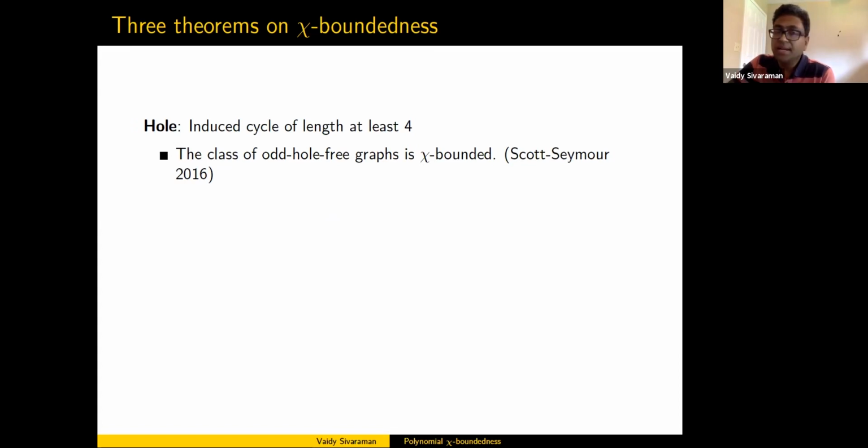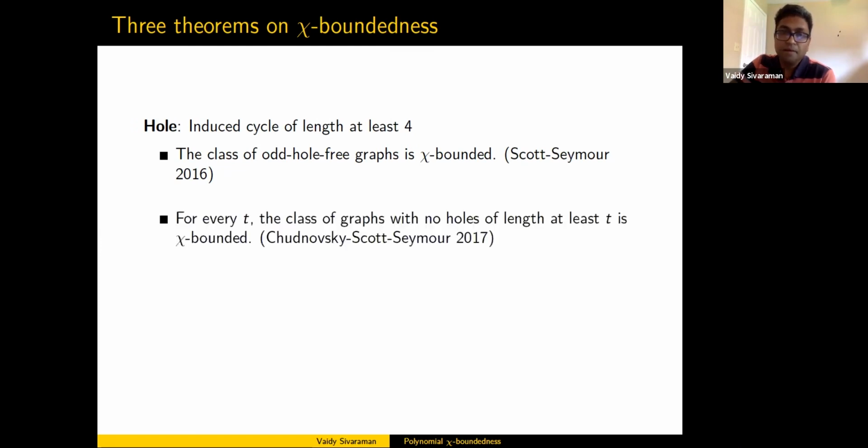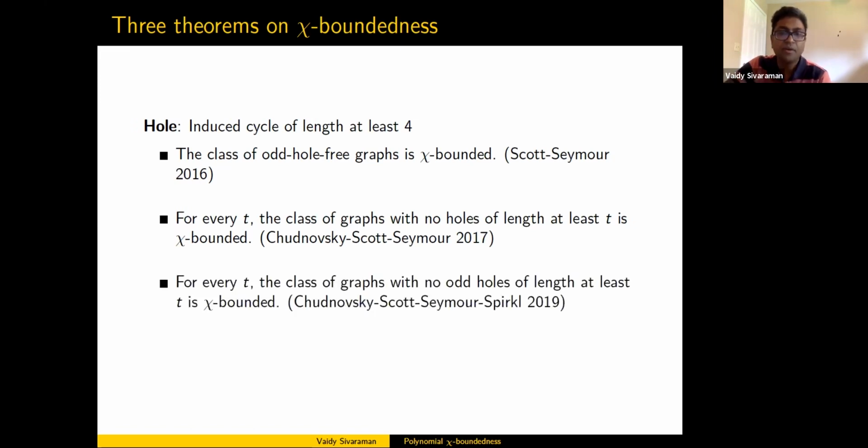They proved that the class of odd-hole-free graphs is chi-bounded. And for any t, if you exclude all holes starting at that length, t plus 1, t plus 2, and so on, then it's chi-bounded. And finally, combining the 2, they proved that if you start at t, you need to exclude only the odd holes, and then it's chi-bounded.